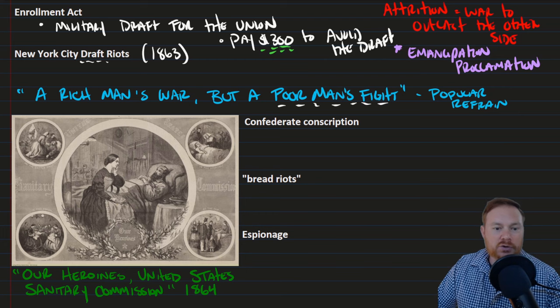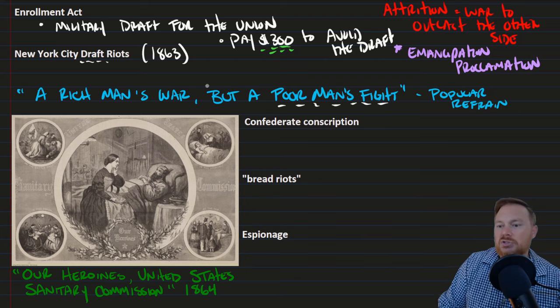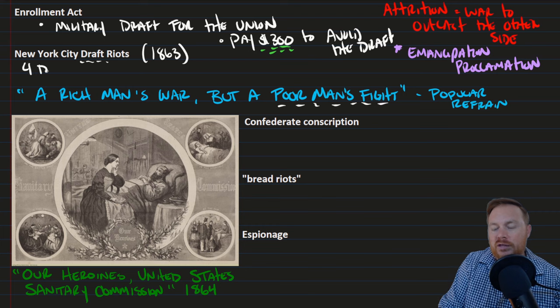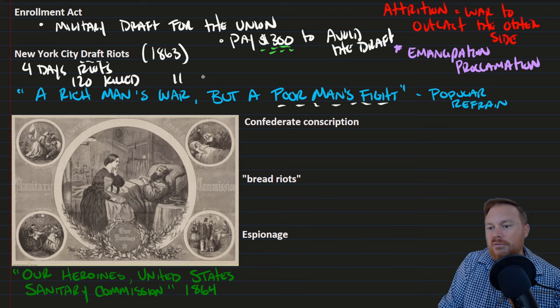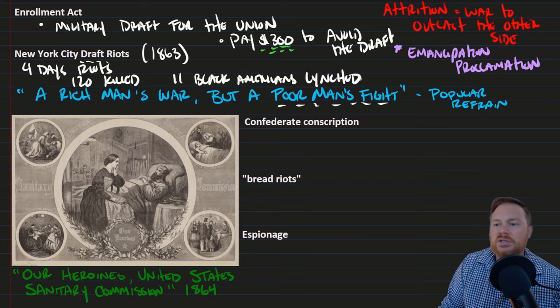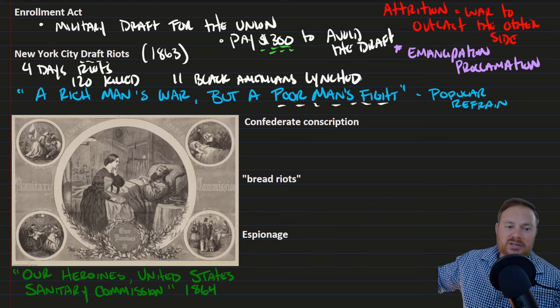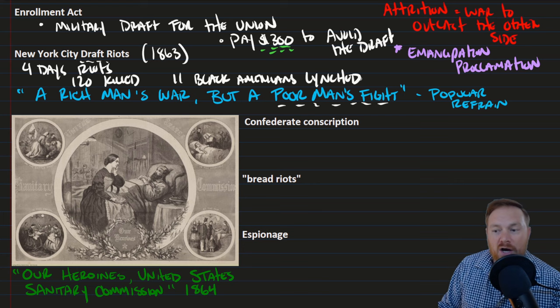So the New York City draft riots were incredibly damaging. It was 4 days of riots. 120 were killed. 11 Black Americans were lynched. And it was only after the soldiers that had gotten back from the Battle of Gettysburg came to New York City did the draft riots actually stop.